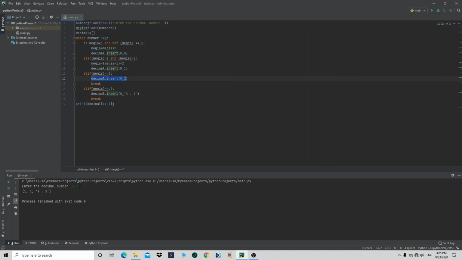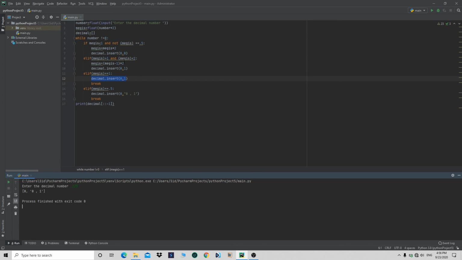And what happens in the case of this? Let me do one more thing. What is 0.125? This is our code, 0.001. If the number gets multiplied by 2 and it's less than 1 and not equal to 0.5, then we write 0.